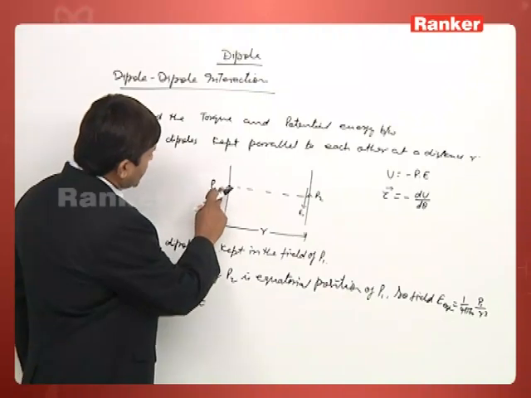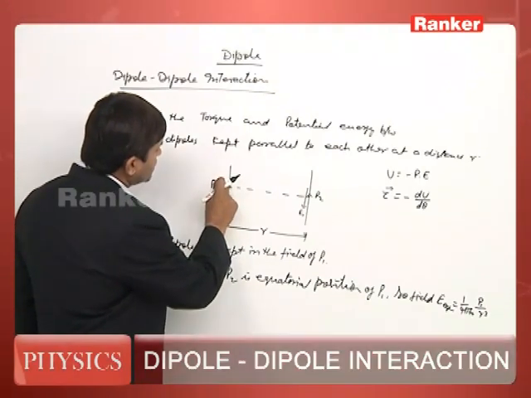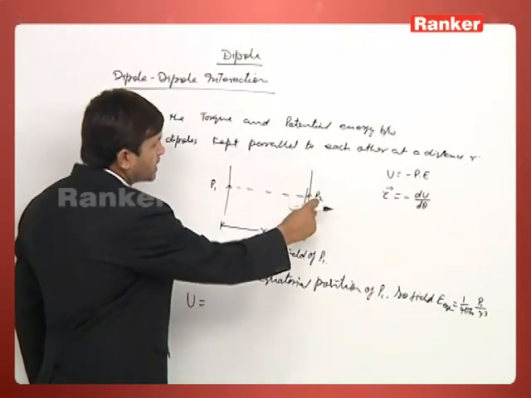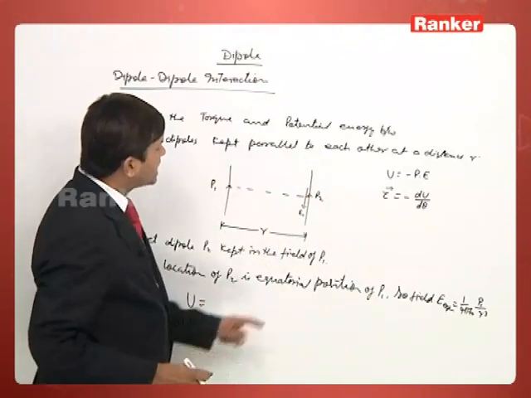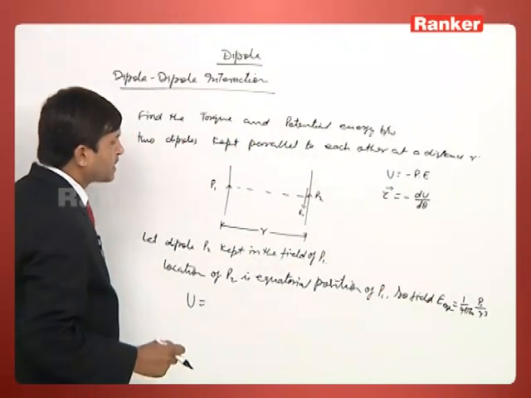The dipole moment direction of dipole P1 is this, so due to this dipole the field on P2 will be in this direction, and the magnitude is 1 by 4 pi epsilon naught P1 by r cube.